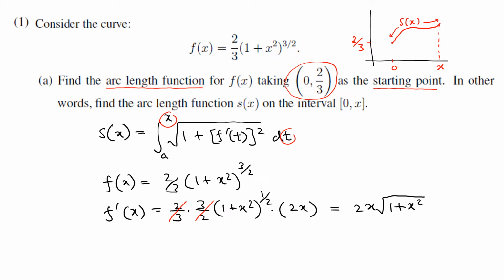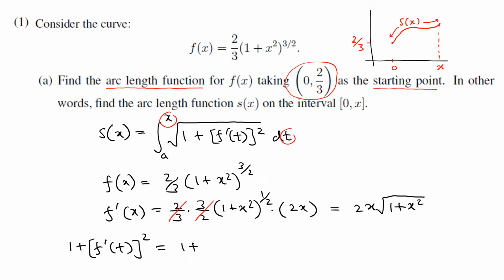Now what we normally do is calculate 1 plus f prime of t squared. So let's change the variable and write it: 1 plus f prime of t, squared. You have to change the variable x to t, and also square it.